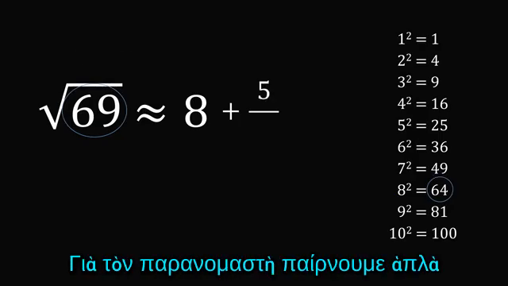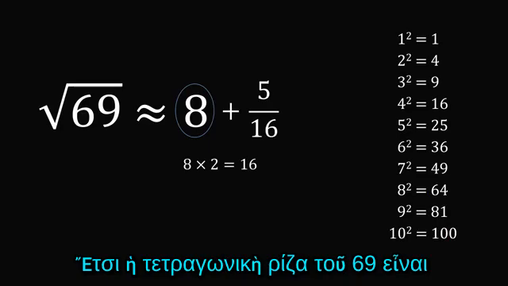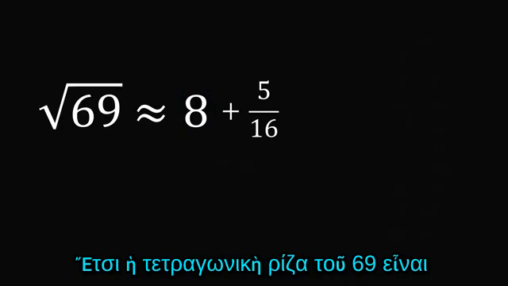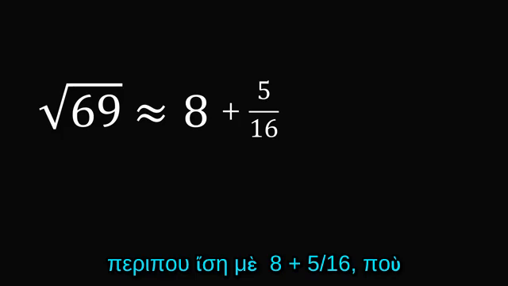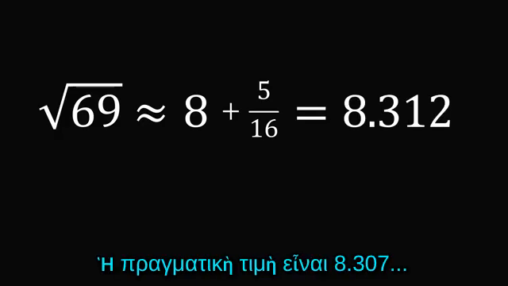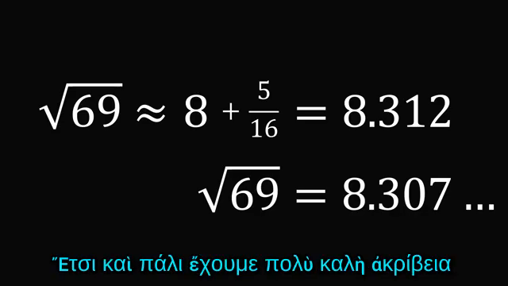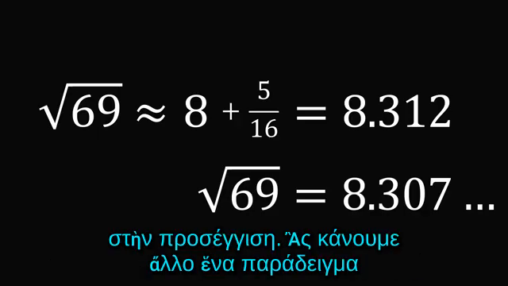For the denominator, we just take this value 8 and we multiply it by 2 to get 16. So we have the square root of 69 is approximately equal to 8 plus 5 over 16, which equals 8.312. The actual value is 8.307. So again, we have a very accurate approximation.